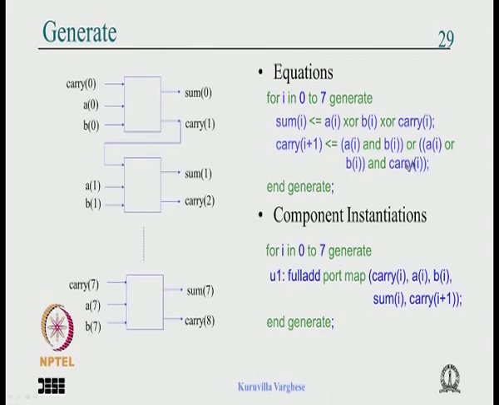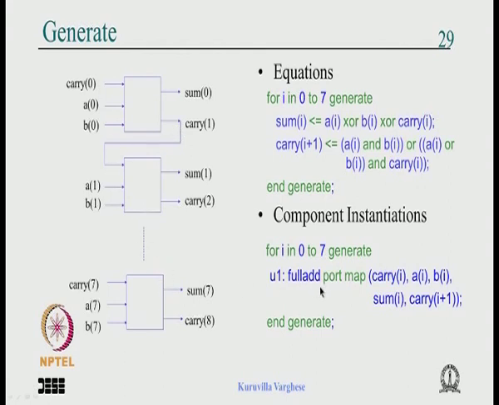This is nothing but AI CI and BI CI. When you expand, you see that for the 0th loop these are zeros and this is 1, so you get a carry 1 as output. In the next iteration for the sum, the carry 1 is the input, so naturally this happens.